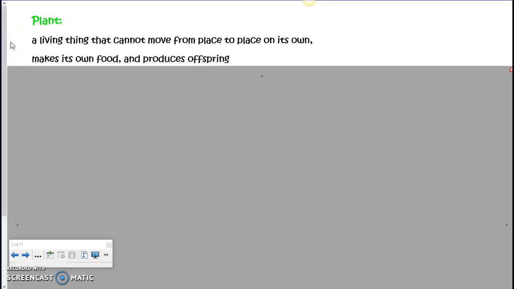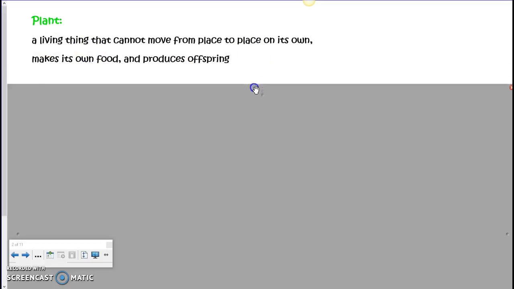A living thing that cannot move from place to place on its own, makes its own food, and produces offspring. How cool is that? A plant can make a baby. That's pretty cool. Kind of like a human, right? Let's see what else. Let's see what our next word is.